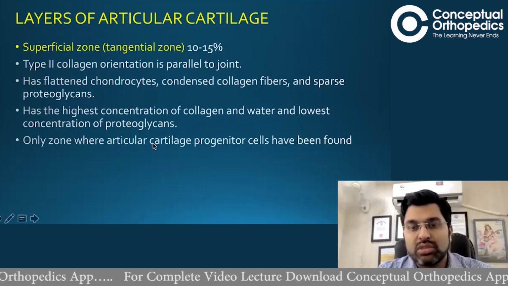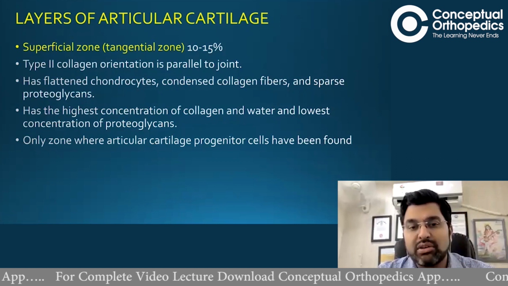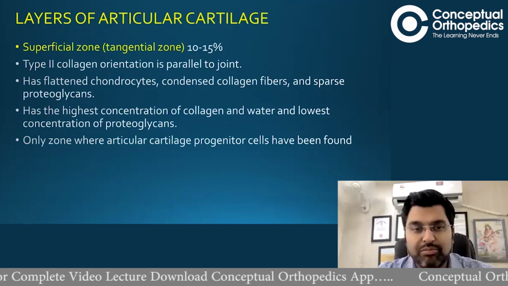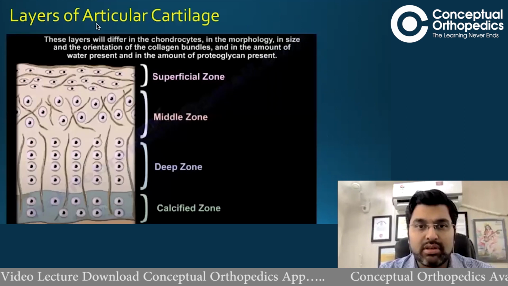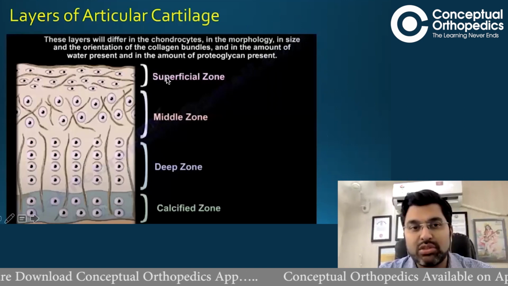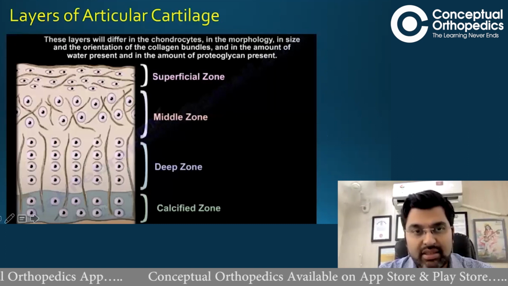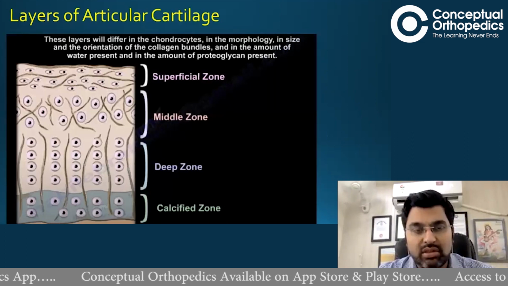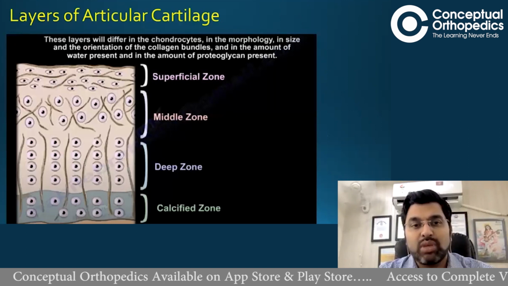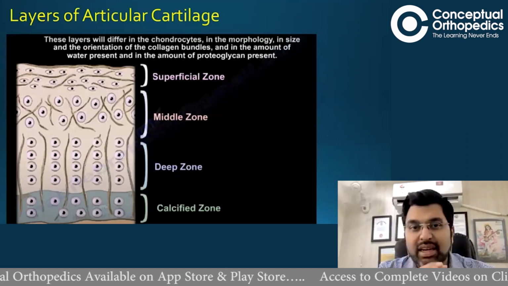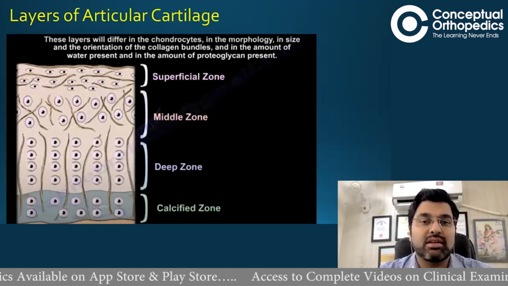It's the only zone where articular cartilage progenitor cells have been found. So in the tangential zone, chondrocytes and collagen are aligned along the length of the cartilage, and the proteoglycans are less.